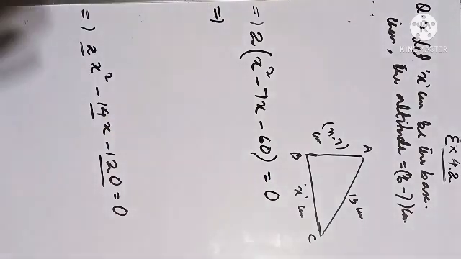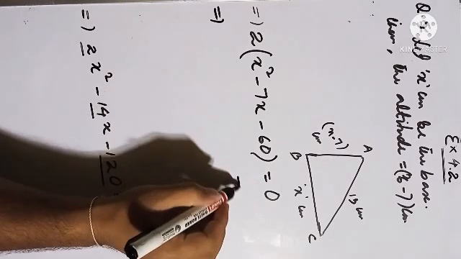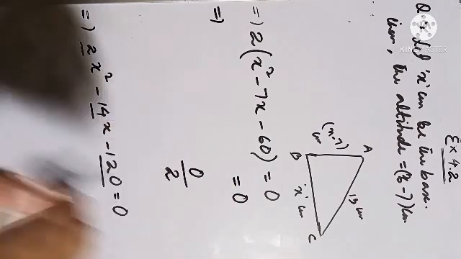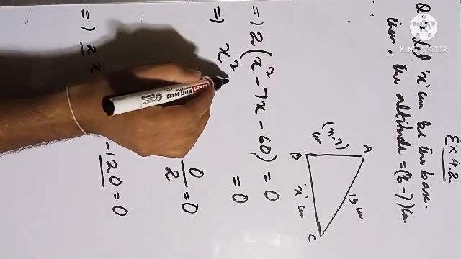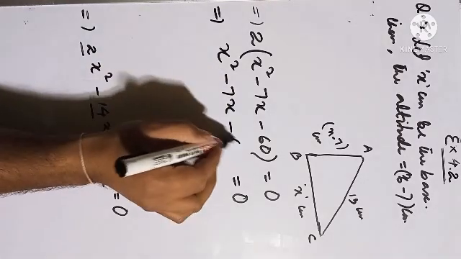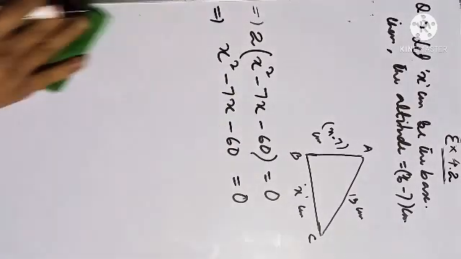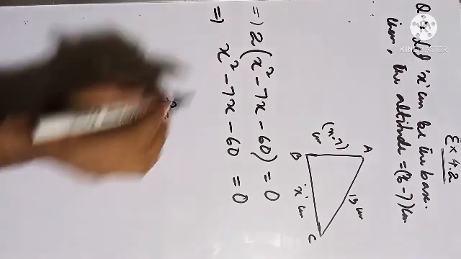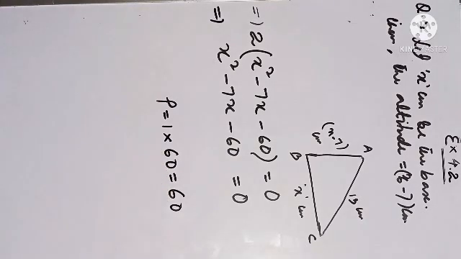In the next step, 2 will divide this 0, because 0 divided by 2 we'll get 0. And then we have x square minus 7x minus 60. Now we have to split the middle term. Product should be how much? 1 into 60, we have here 60.